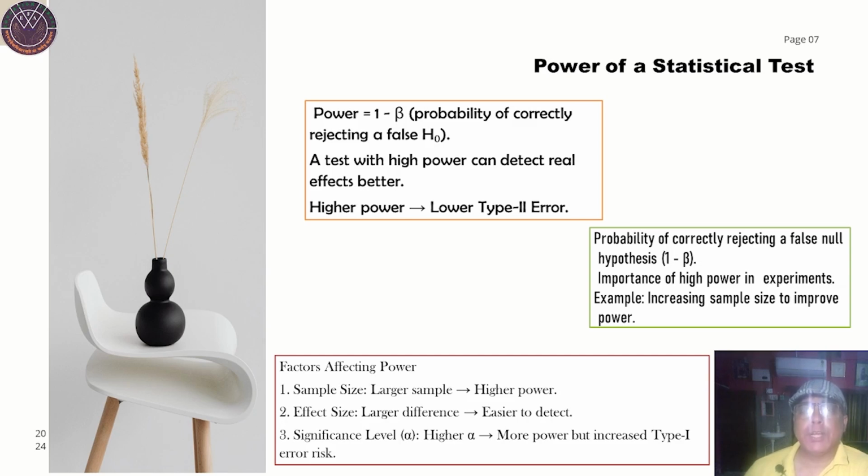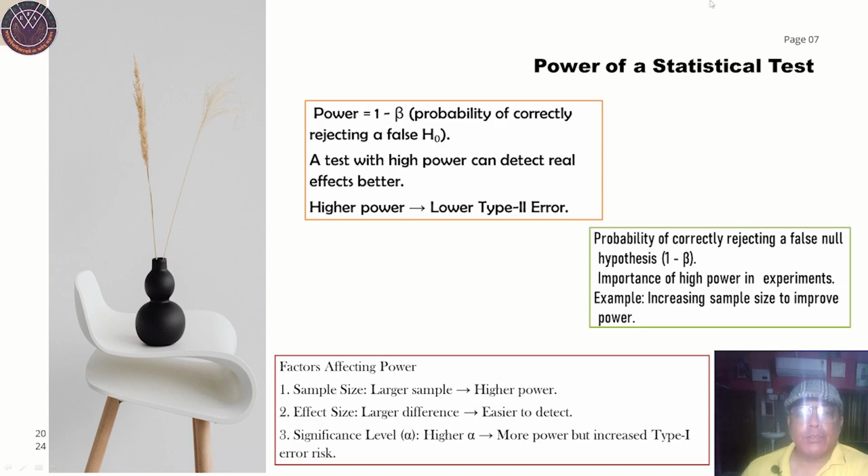So 1 minus beta means you are succeeding in recognizing the effect, or you are able to detect the effect. Always try to see that the statistical test, the device, the instrument you are using has good power. That means it should always be able to detect the effect or relationship whenever it is occurring. It should not fail to detect the actual effect or actual relationship. So what is power?